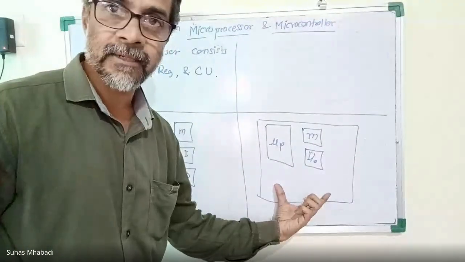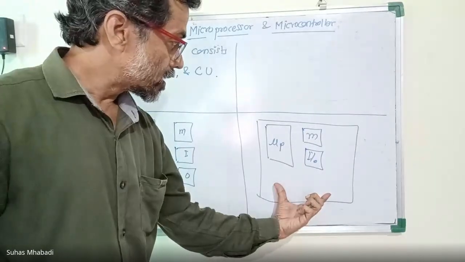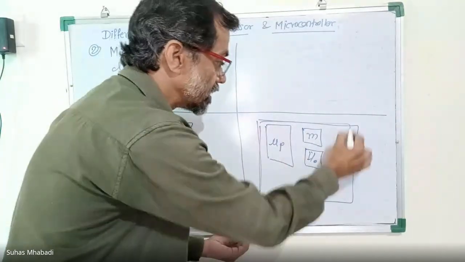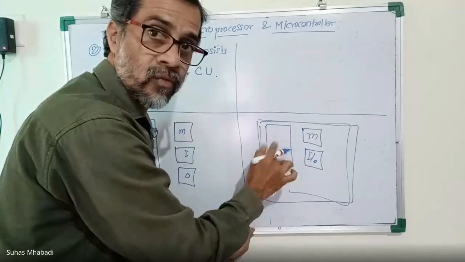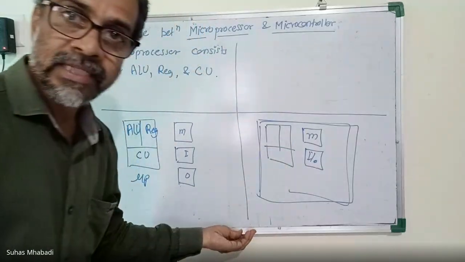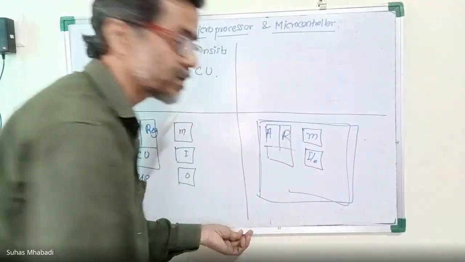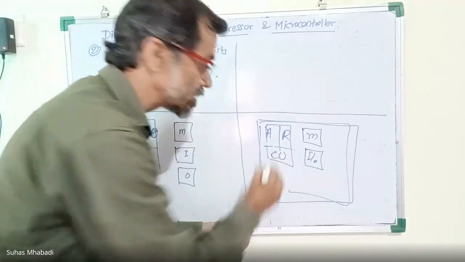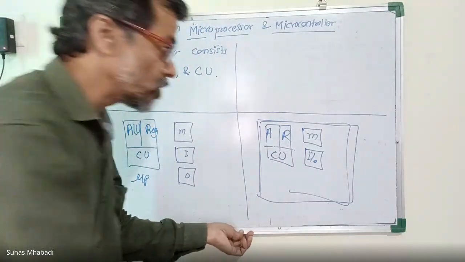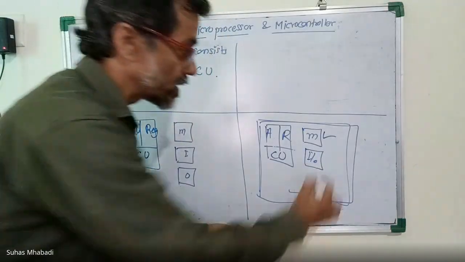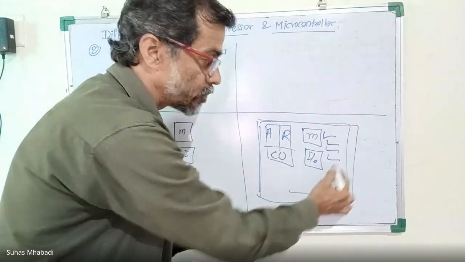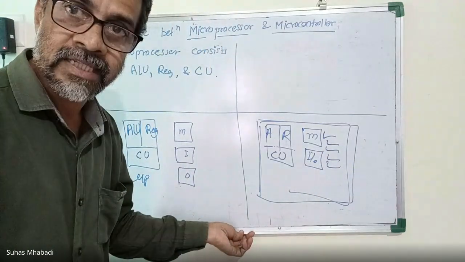What we can see here: the single IC consists of the microprocessor. So obviously there must be three sections. First one is ALU, other one is register, third one is control unit, along with the memory, RAM, ROM, input, output, interfacing devices.